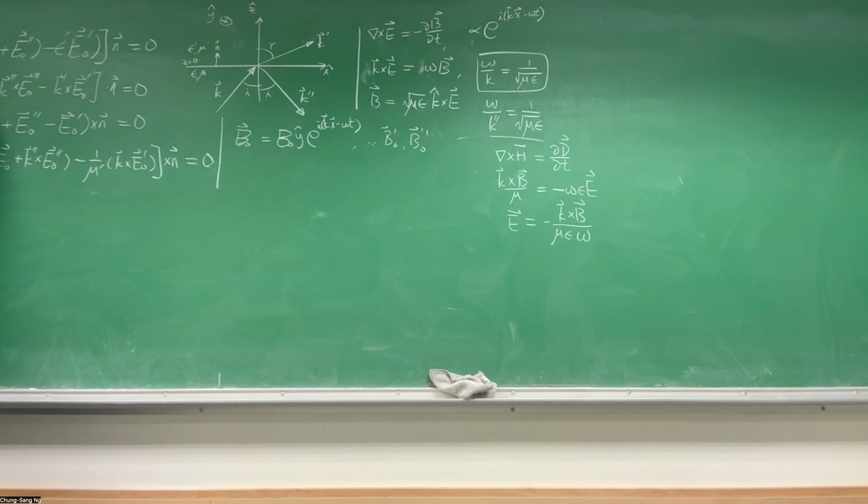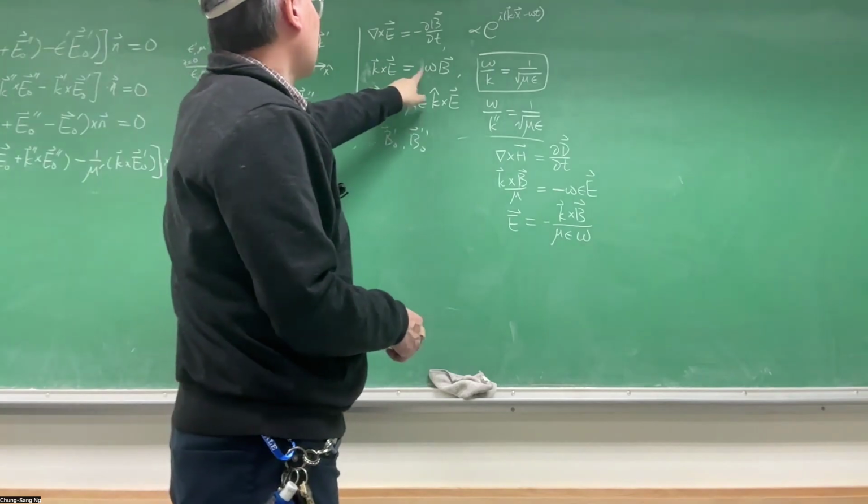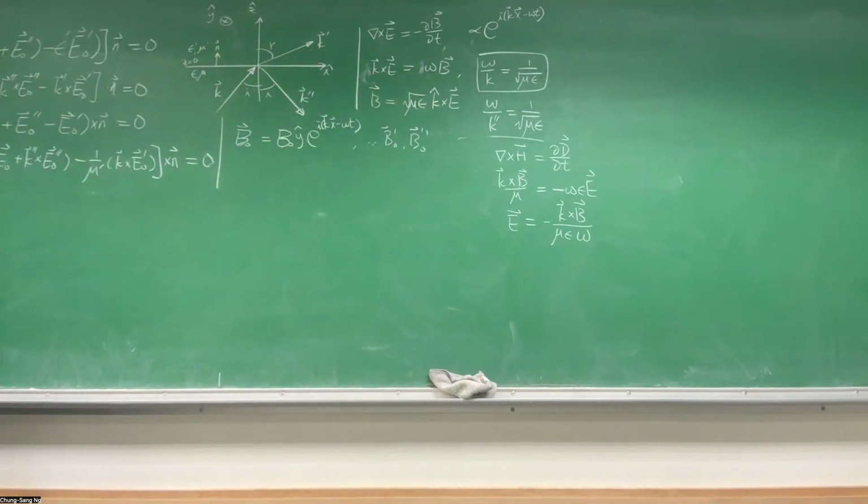And B is in the y direction. So k cross E is also in the y direction. So again, equation 2 will not give you anything, because k cross E is in the y direction, and that won't give you any extra information. So 2 is not useful.